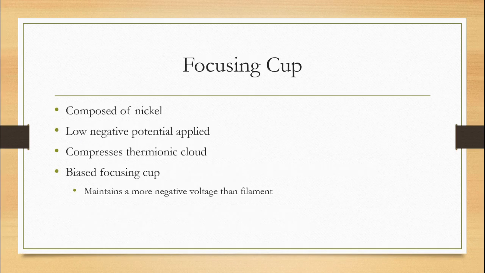All right, so the focusing cup is composed of nickel. It has a low negative potential applied to it. So it's negative to begin with, and we apply a low negative potential to it, which causes compression of the thermionic cloud. There are bias focusing cups. It maintains a more negative voltage than the filament, and it keeps everything in an electron stream.